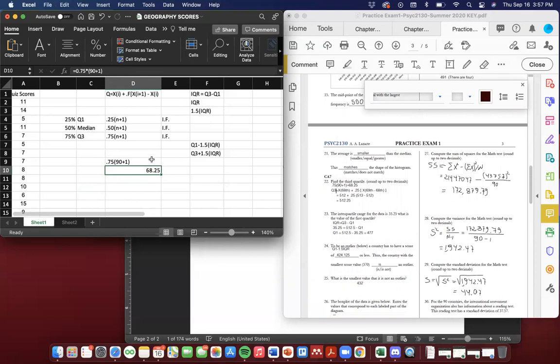68.25 is the IF. You're going to plug this into that main equation.